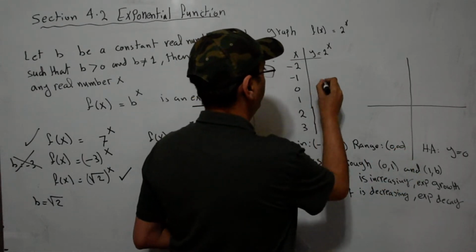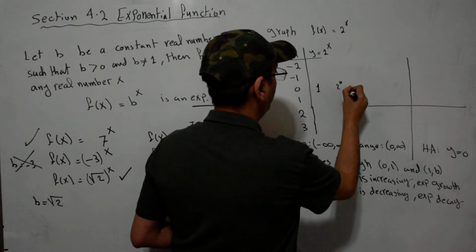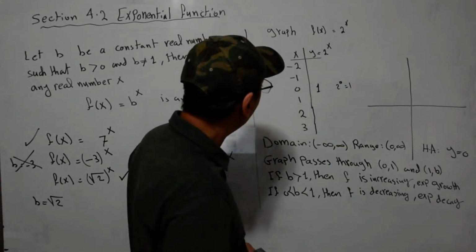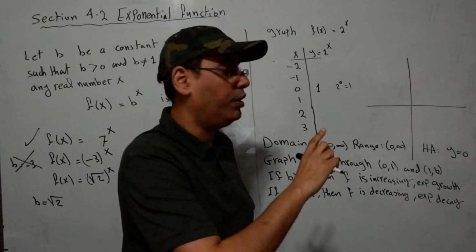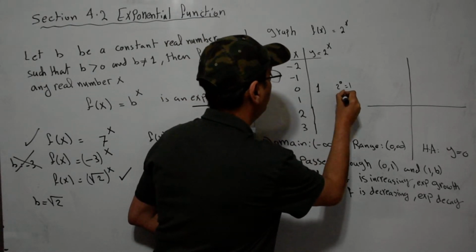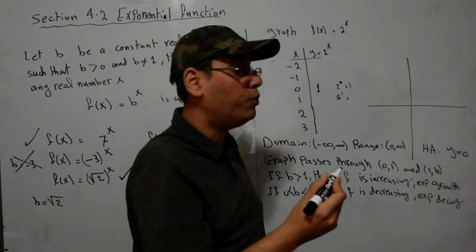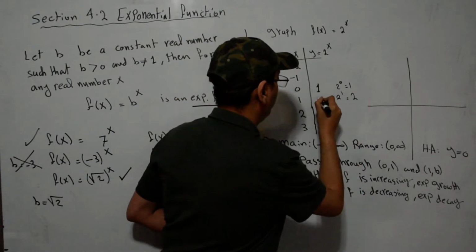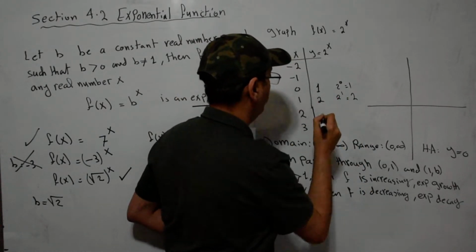So this is 1. Okay, let's go for the positive part first. What is 2 to the 1? It is 2. So here is 2.